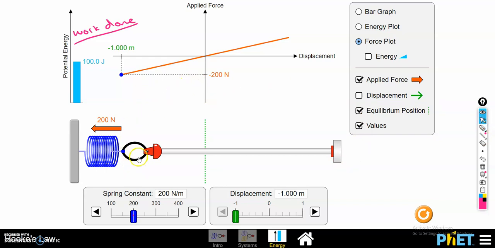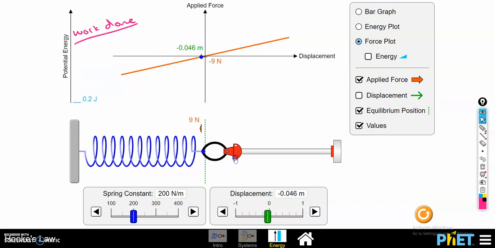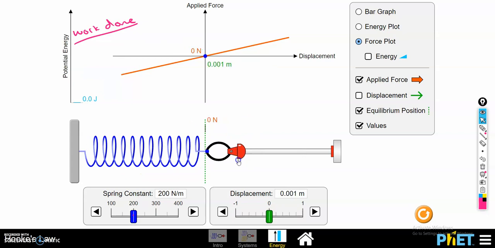So, if we were to look at this, one thing to notice is that this graph is the force applied with the displacement x. We know that the gradient of the line is the spring constant, but in physics we quite often find ourselves finding the area under the line.